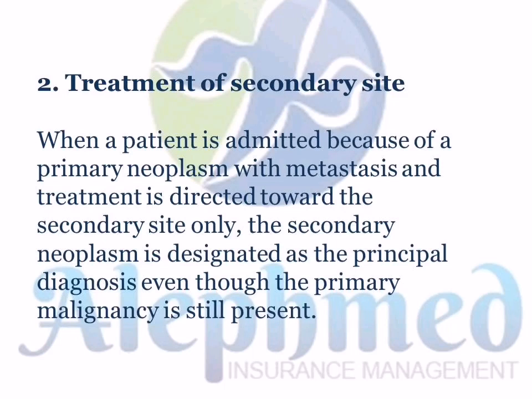And now the patient has consulted a doctor for the treatment of the secondary site, that is for the uterine cancer only. Before it was ovarian cancer and now it is uterine cancer. So the ovarian cancer is already treated and now the patient has come for uterine cancer. So the principal diagnosis should be the secondary neoplasm.